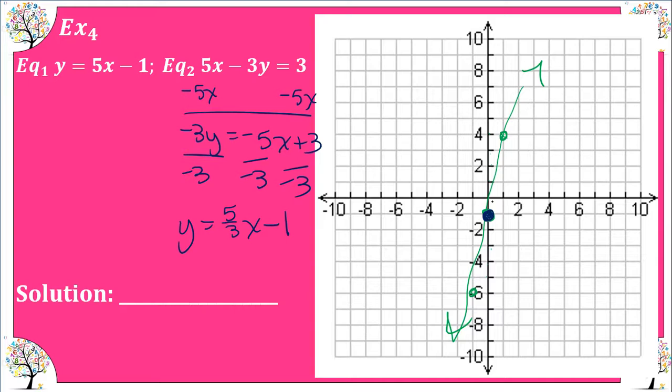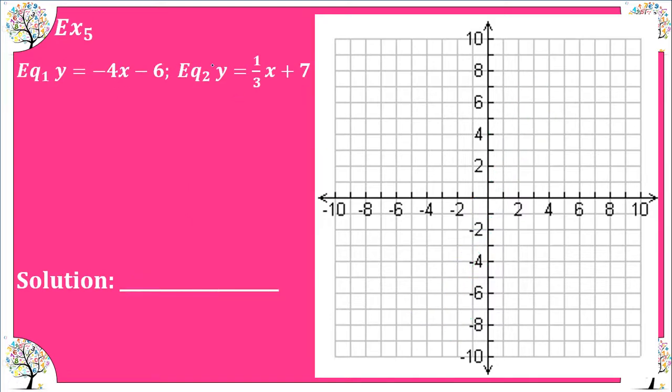So we're going to go up 5, 1, 2, 3, 4, 5, and over 1, 2, 3. Down 1, 2, 3, 4, 5, and left 1, 2, 3. So here, the y-intercept is the point of intersection. So that's going to be (0, negative 1), my solution for both equations.